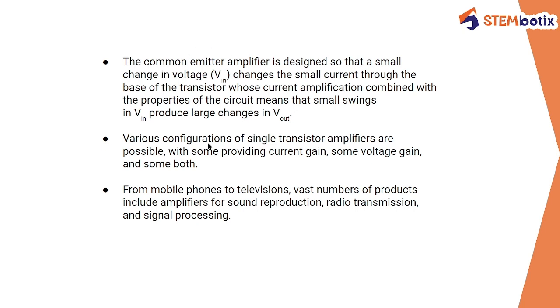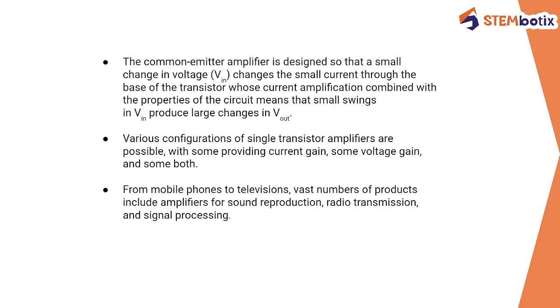In this type of amplifier, a smaller change in input voltage can produce a large change in output voltage. Various configurations of single transistor amplifiers are possible, with some providing current gain, some voltage gain, and some both.